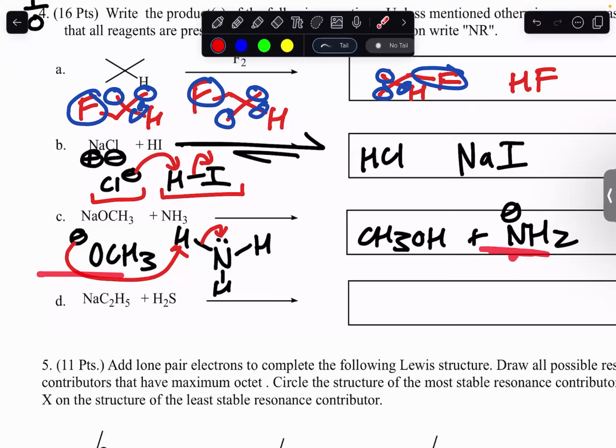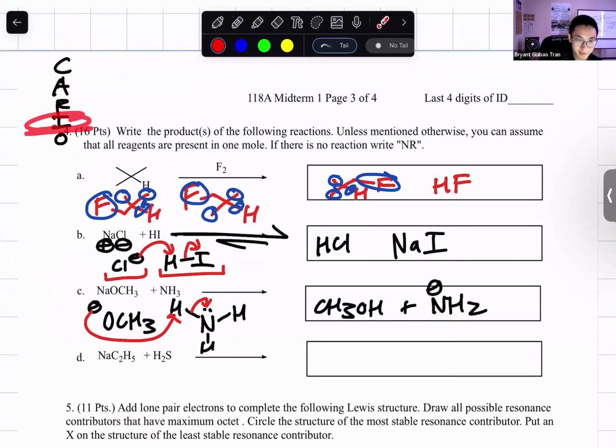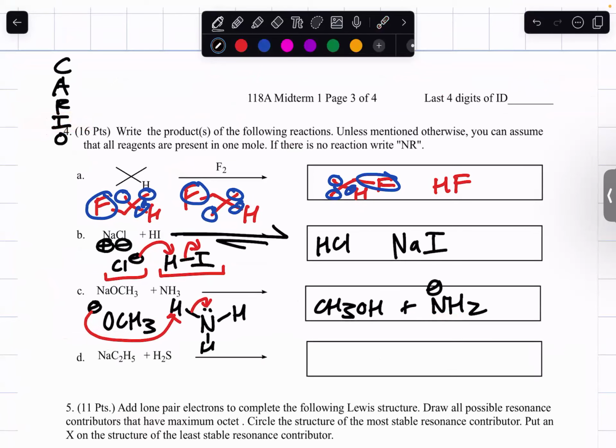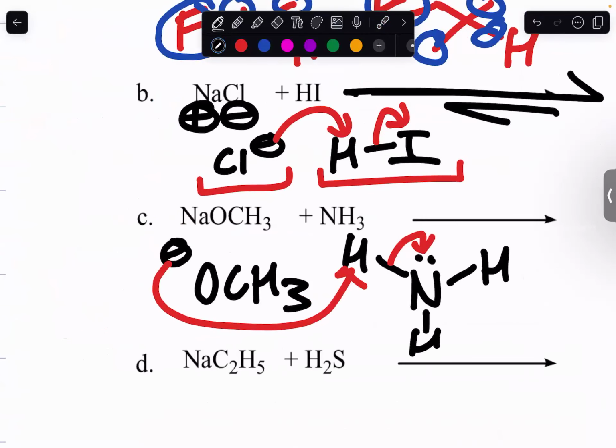Well, I would say if we're looking at more electronegative, I would say the nitrogen atom, and I would say it's better at holding negative compared to O. Yeah, so the factor is correct.